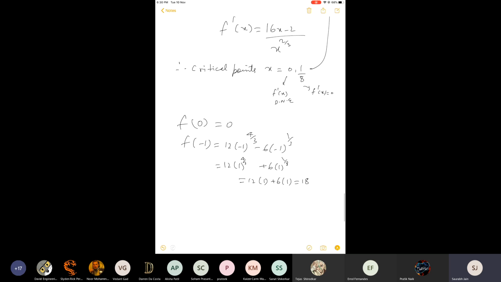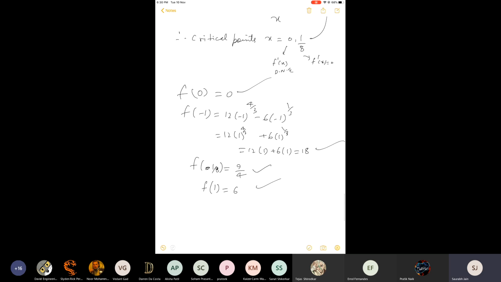So this will come out to be 18. Similarly, I will find two other values. I am writing the values, you can check it later on. f(1 by 8) will be minus 9 by 4. Put this in the expression of the function. And f(1) will come out to be 6. From these four values you can see clearly which is the lowest and highest.